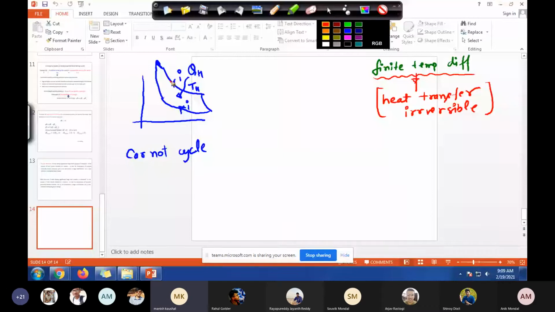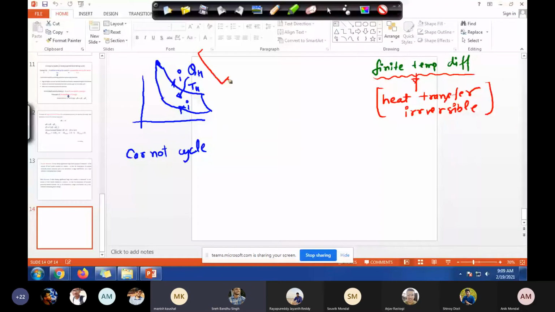This cycle is for your engine. This is nothing but the cycle performed by your Carnot engine. So how do you provide heat to this system? High temperature reservoir. Thermal reservoir. So we have a thermal reservoir. And what is the reservoir temperature? TH plus delta T. Very good.